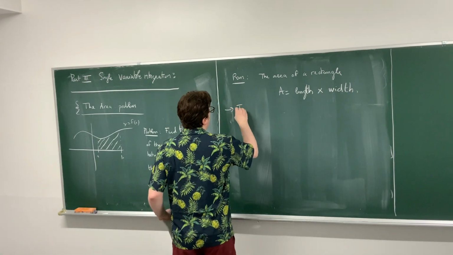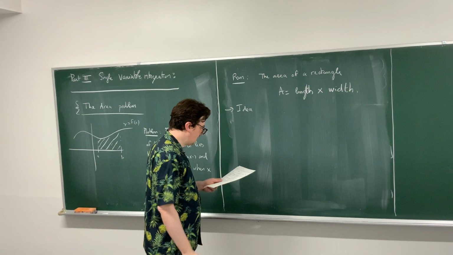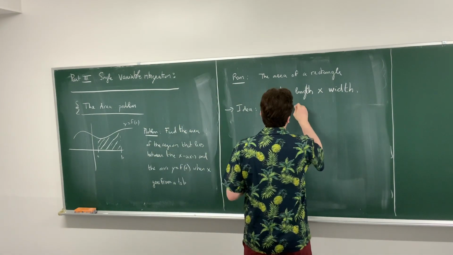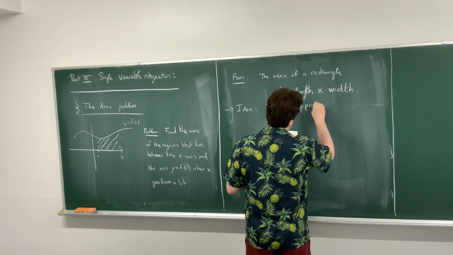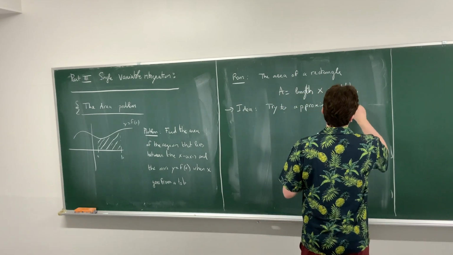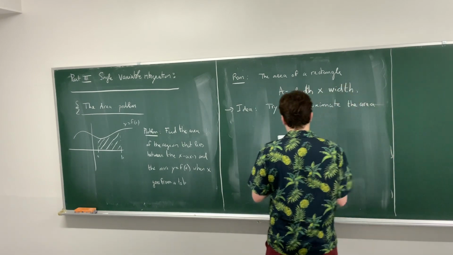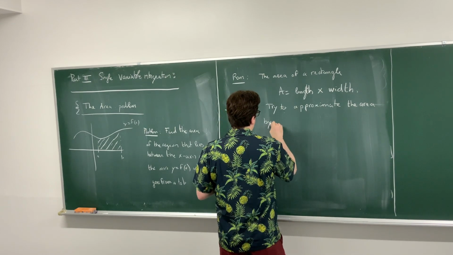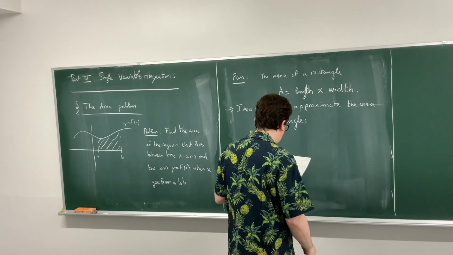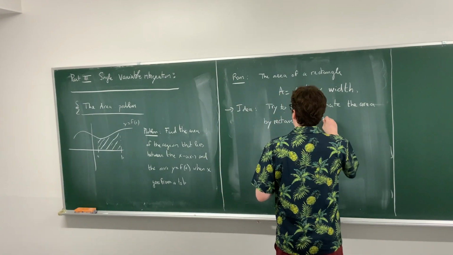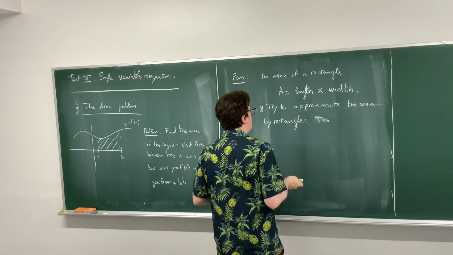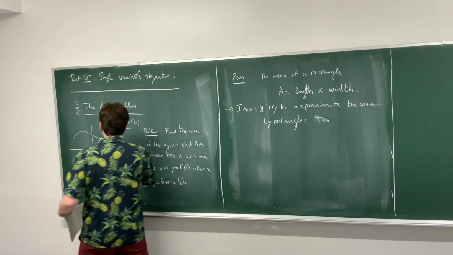So an idea is we're going to try to approximate the area by rectangles. So this is the first idea. Idea number 1 is to try to approximate the area by some rectangle, right?